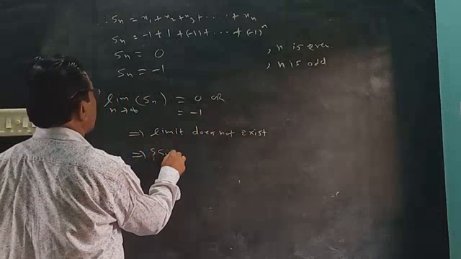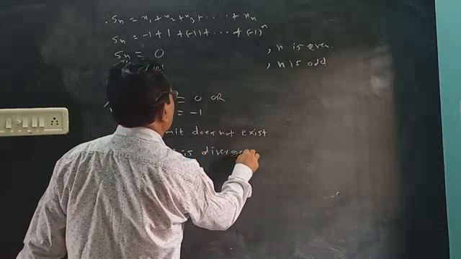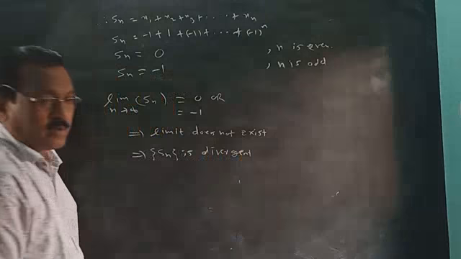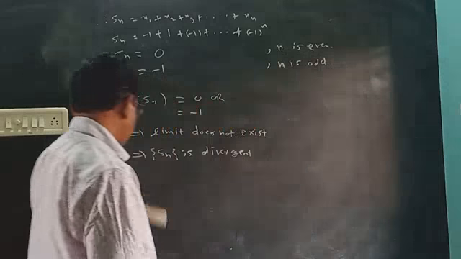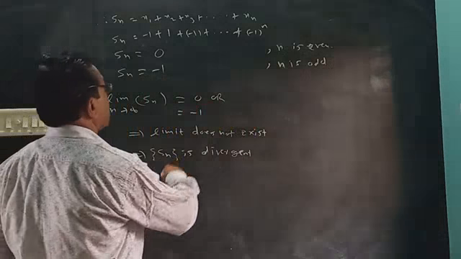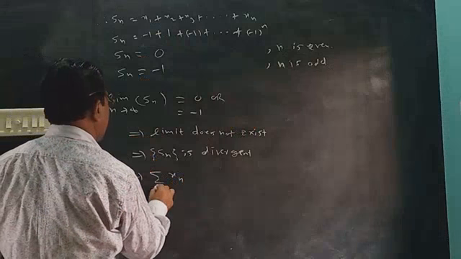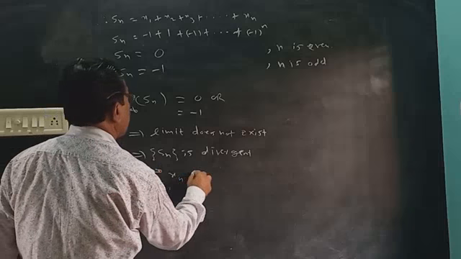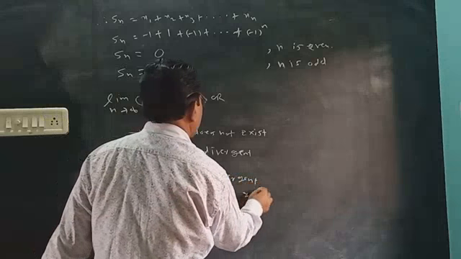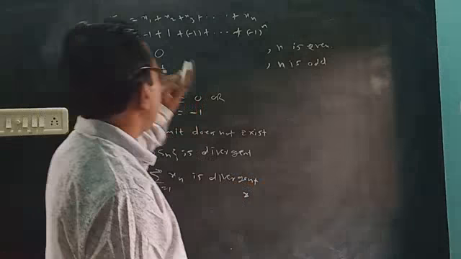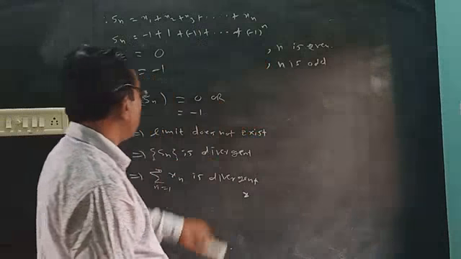So this sequence Sn is divergent. We studied in the sequence chapter: limit exists, convergent. So this divergence means the series, summation Xn, will be divergent. So the series depends on the sequence: if the sequence of partial sums Sn is convergent, then the series is convergent; if divergent, then divergent.